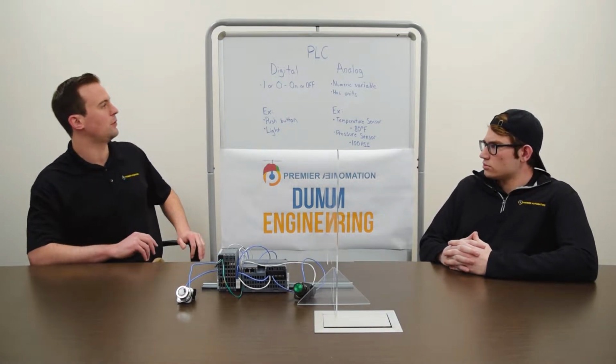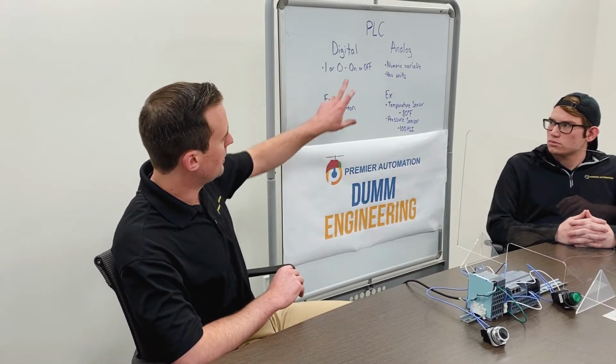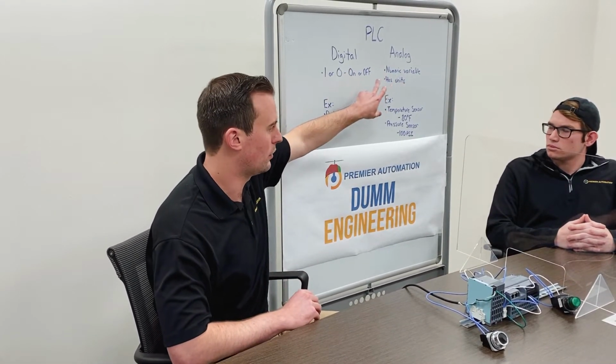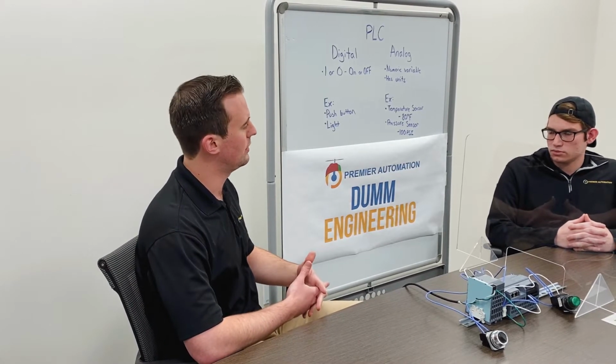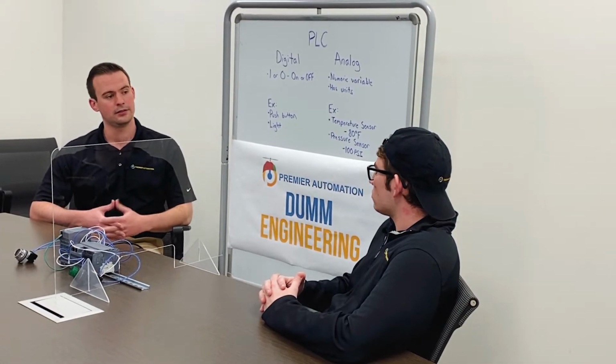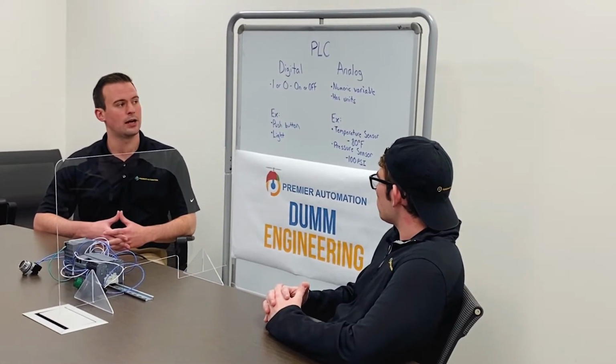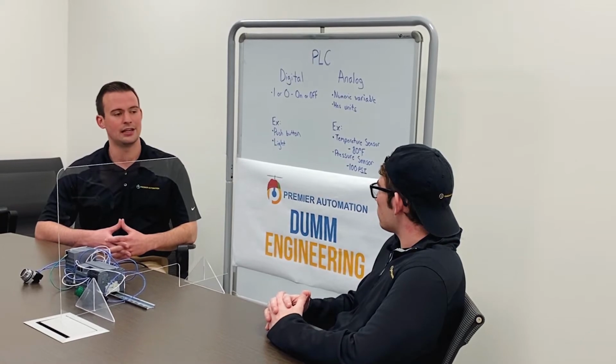When working with hardwired inputs and outputs, there are 2 basic types. There are digital and analog. Digital is either a 1 or a 0, it's on or it's off. So things we think of that typically work that way are a push button or a light. And then there's also analog, which is a numerical variable, and it has units.